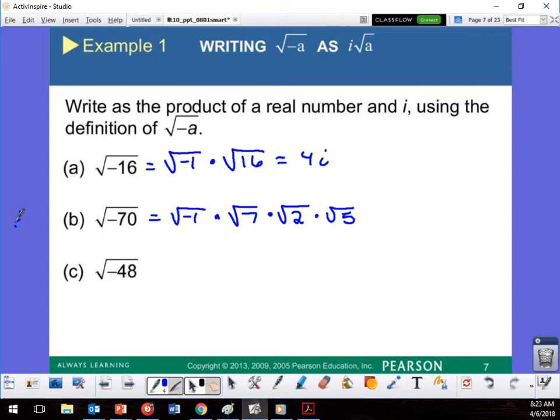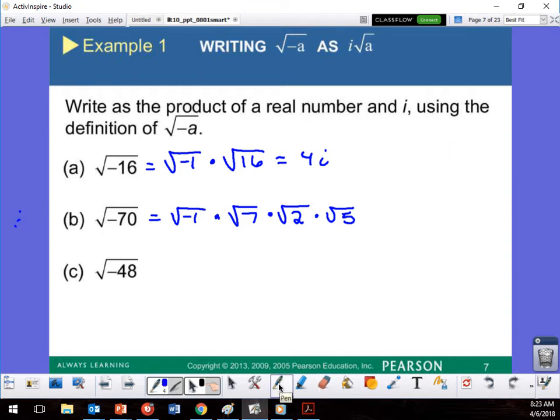Why are you just throwing in a -1? What is -1 times 7? -7. Right? So -1 times 70 is -70. So there is a negative inside there, so I'm using it as a -1.